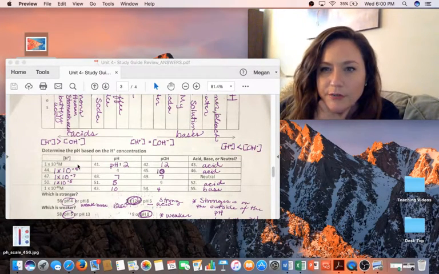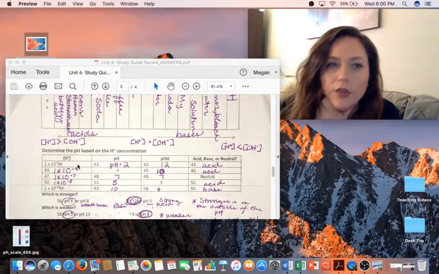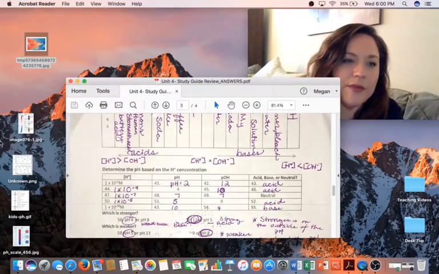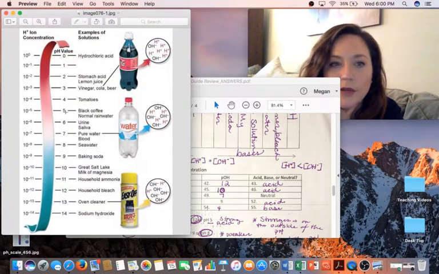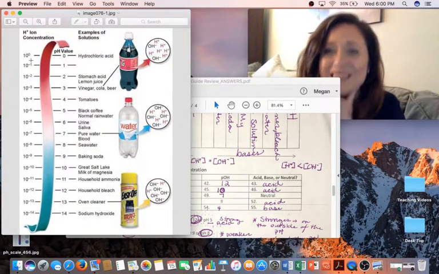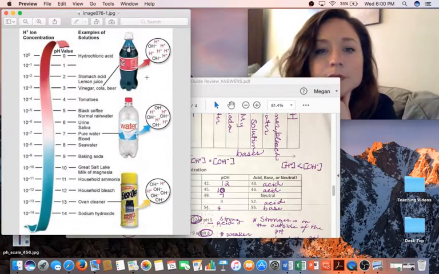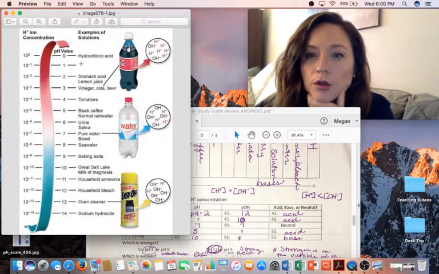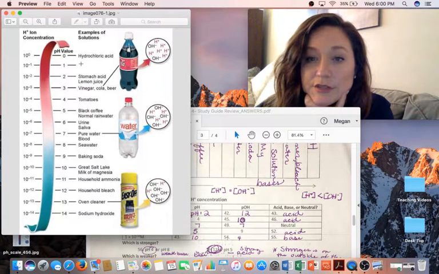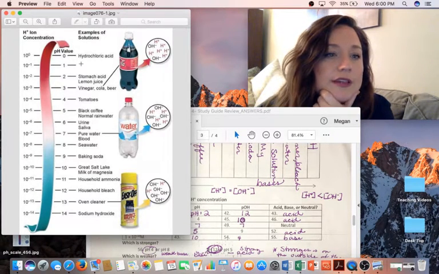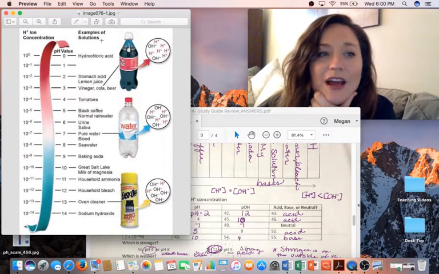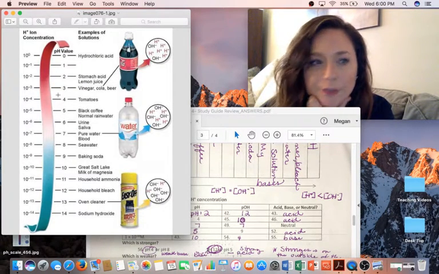You literally get your pH number from the concentration of hydrogen. What do I mean by this? If you have a concentration of 10 to the 0, you will be a pH of 0. If you have 10 to the negative 1, you will be a pH of 1 for the hydrogen ion concentration.